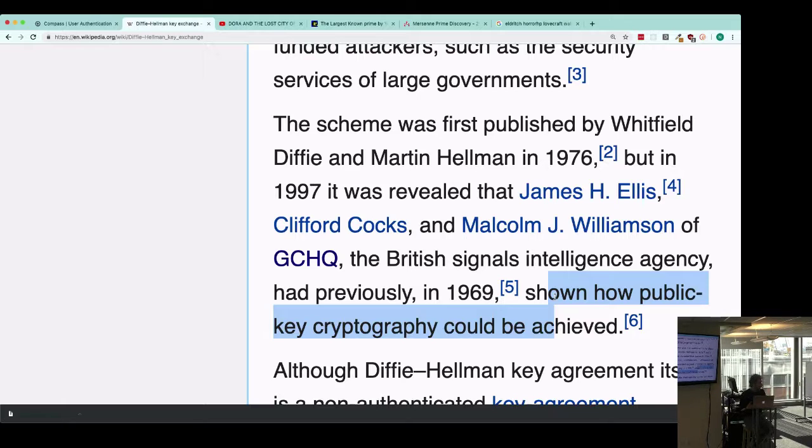Now the deeper you go into this, the more you realize that the Diffie-Hellman key exchange is one of the things that makes the internet and that makes networking between computers fundamentally possible, right? Like secret, private networking, it makes that fundamentally possible. And the fact that the GCHQ had kept this stuff a secret for so long, I mean, 1969 and 1976 is not a short amount of time.